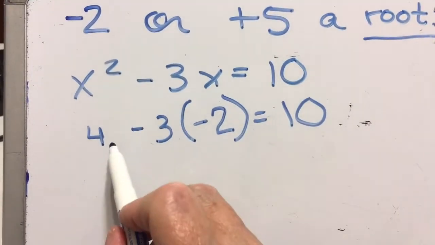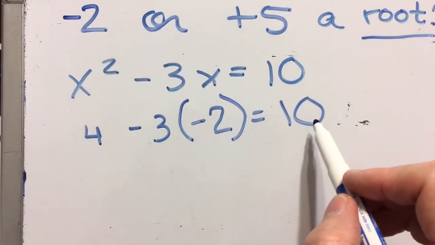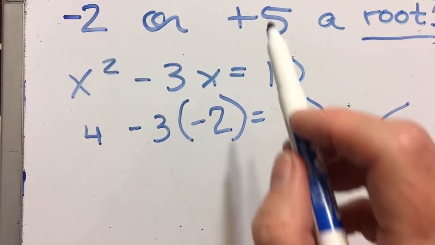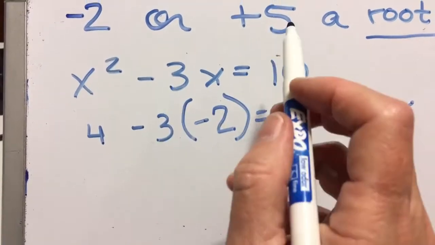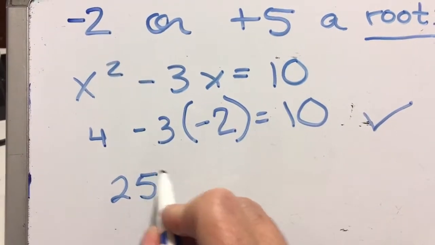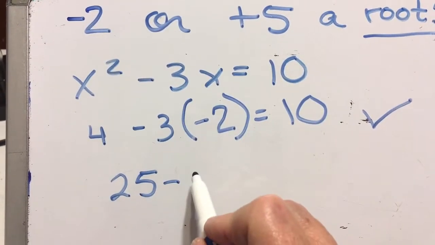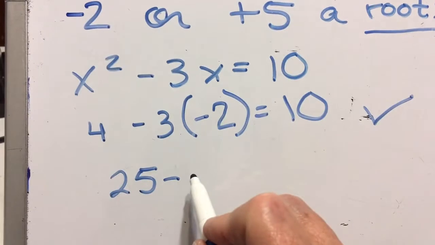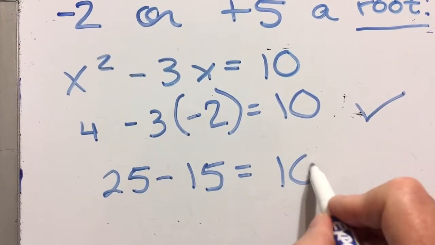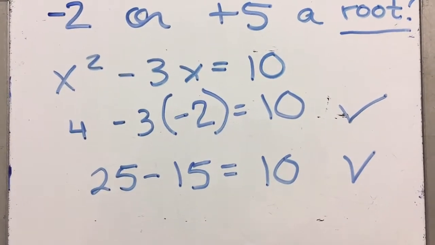Okay, so 4 plus 6 is 10. And negative 2 satisfies, right? So now we're going to check with positive 5. 5 squared is 25, minus 5 times a negative 3. So negative 3 times 5 is going to be negative 15. Ooh, that works too. So both of them are solutions.